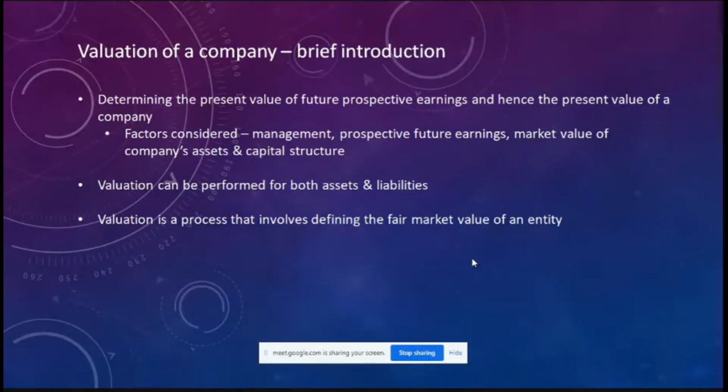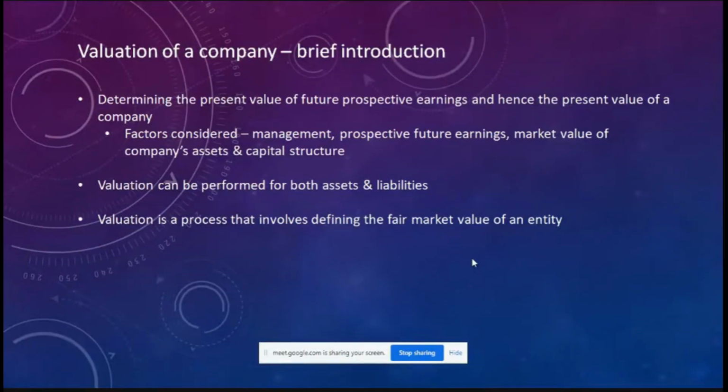Suppose now you have something for 4, so you do 1.1 to the power 4. So you go directly from year 4 to year 0. You don't have to bring it to 3, then 2 and 1. And Excel has an absolutely easy formula. You just have to do equal PV, plug in your numbers, and it will give you the present value. Got it. Thank you. That's not a problem at all.